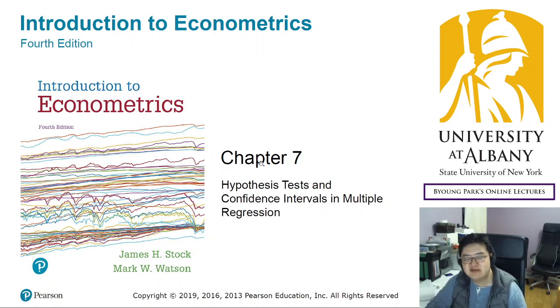This chapter 7 is actually quite different from chapter 5, because having more regressors generates more complicated problems. So we have much more things to consider. So let me start what we are going to do.